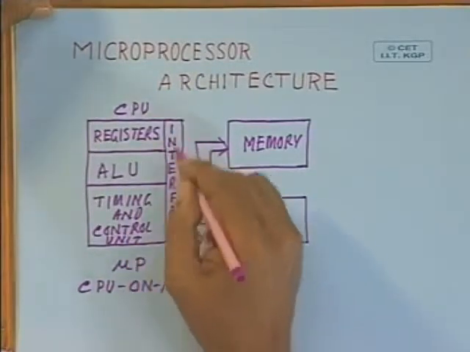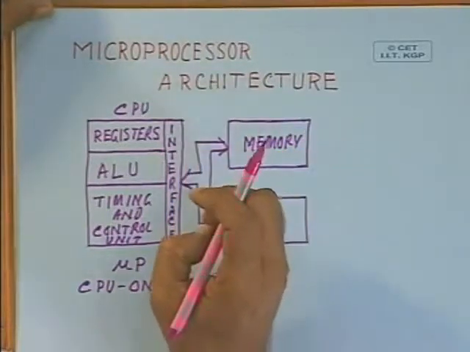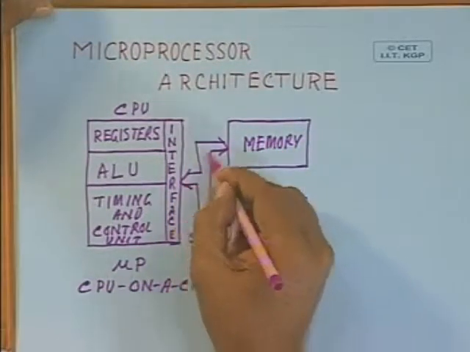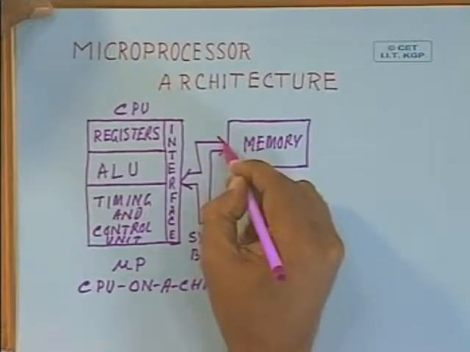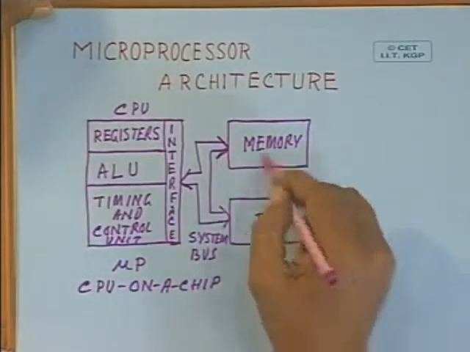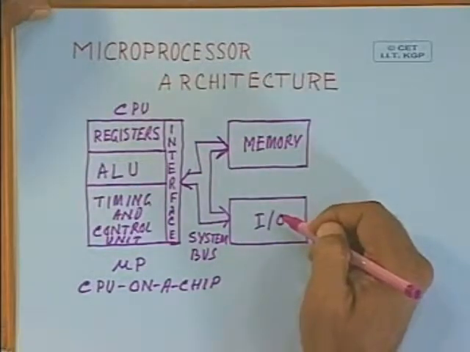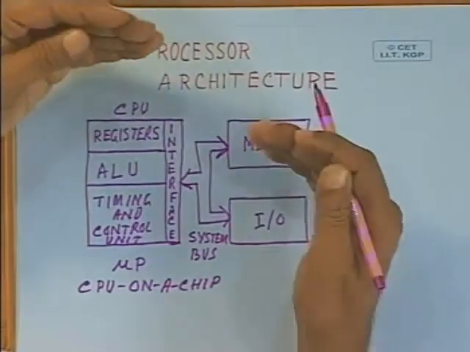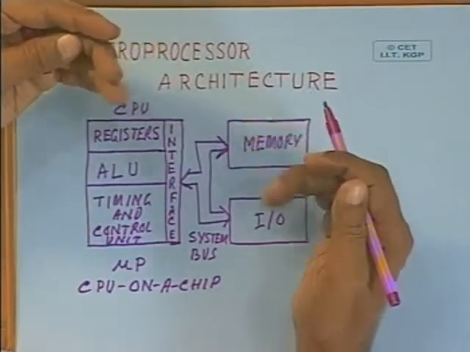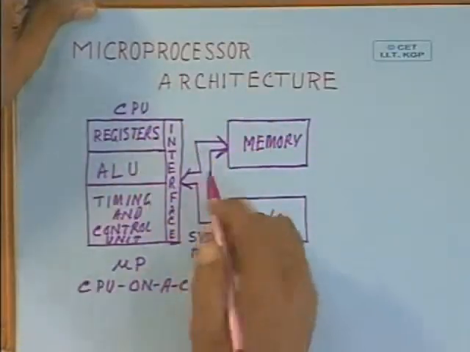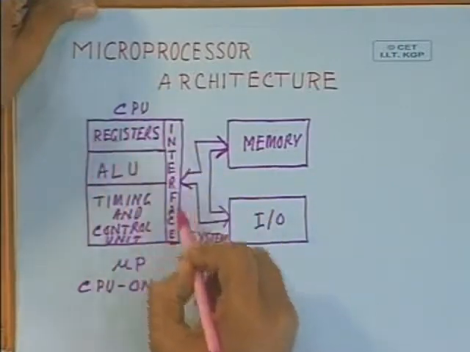This interface section is nothing but a set of pins through which it is connected to the system bus, and system bus in turn is connected to memory and input output devices. So you will see that in the last 3-4 decades we have microprocessors of different functionalities, different capabilities, but irrespective of the different functionalities and capabilities, this basic functionality that I have explained, that it is nothing but a CPU, that has remained unchanged.